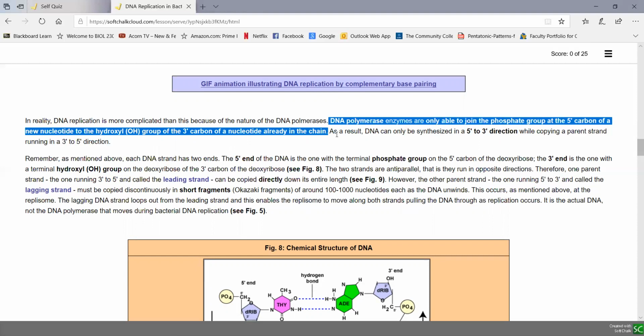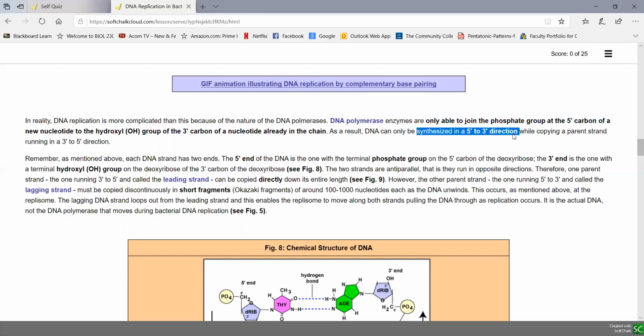And what that means, and what we'll be seeing as we go through here, is that DNA can only be synthesized in what's called a 5' to 3' direction. So it's being made in a 5' to 3' direction as it copies a parent strand that runs in the opposite direction, 3' to 5'.